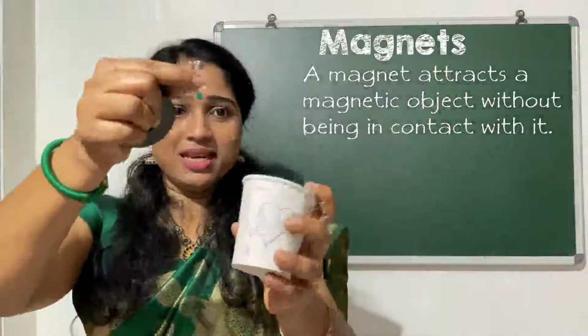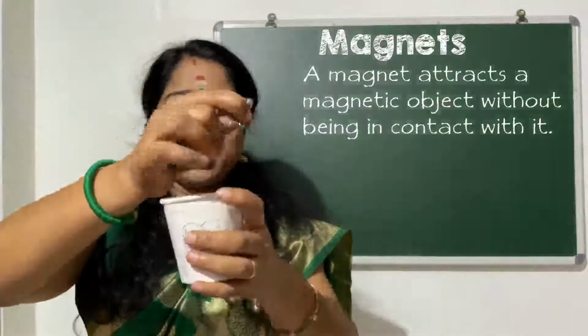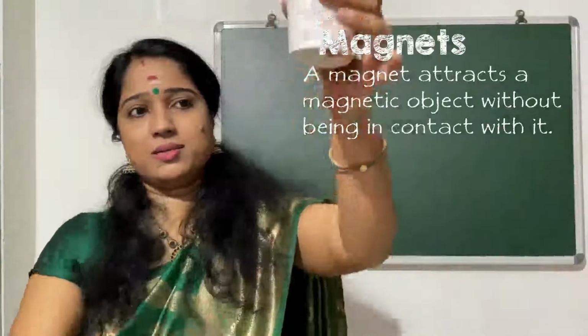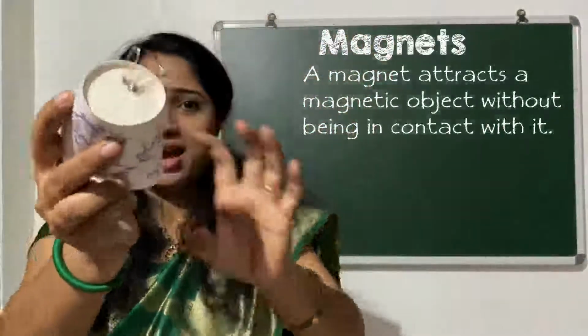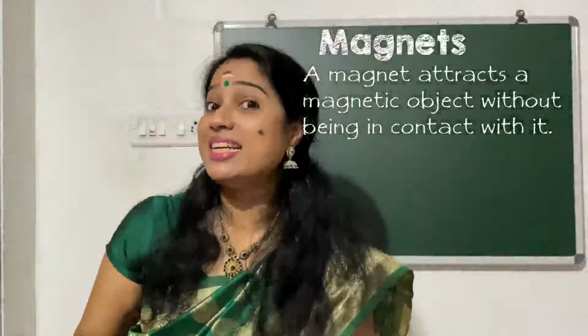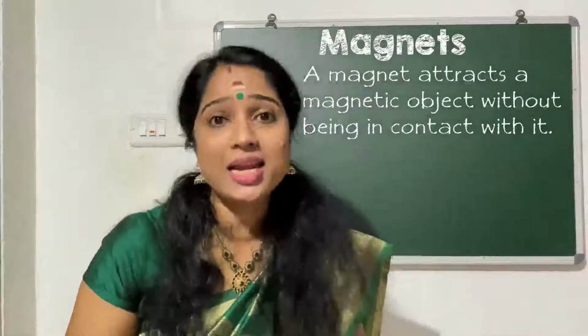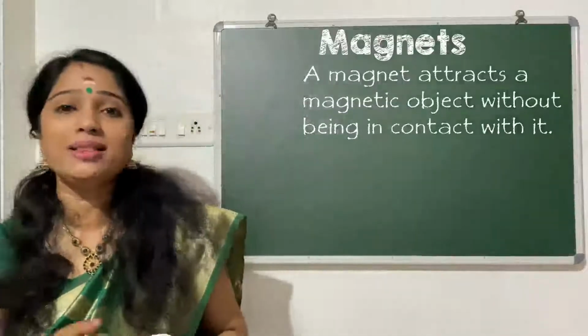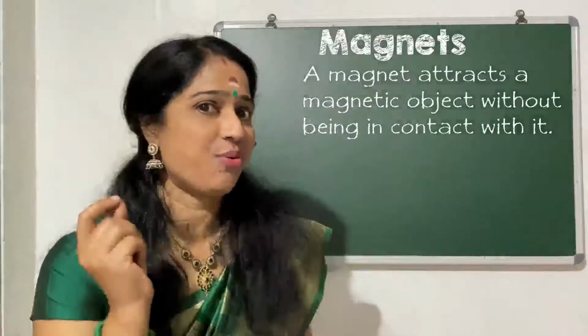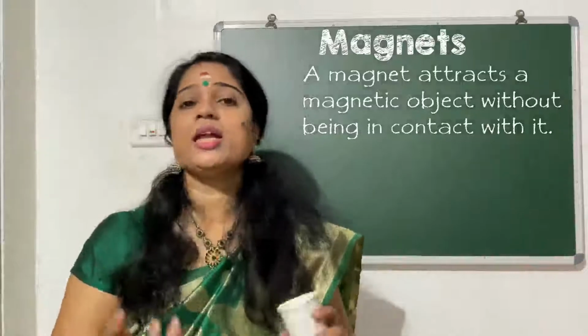Once again, I'm holding this magnet, and the pins are getting attracted. From this we could understand that a magnet does not need to be in close contact with the material to get it attracted.